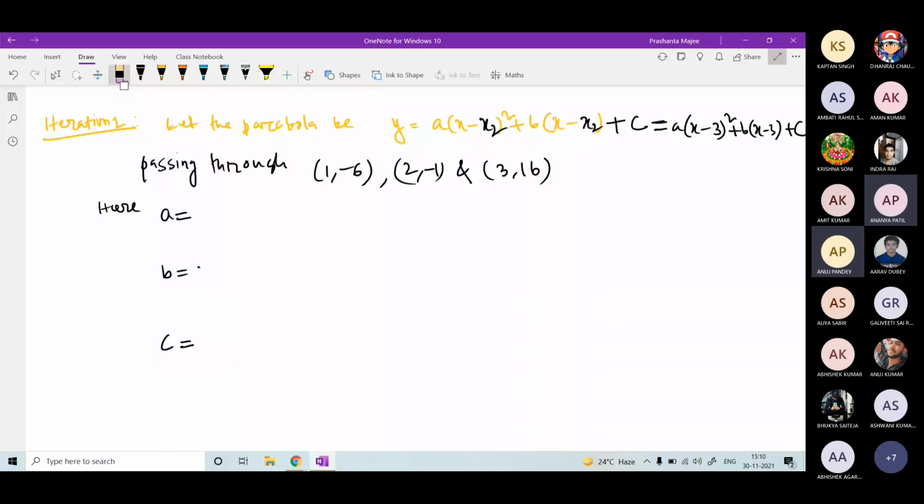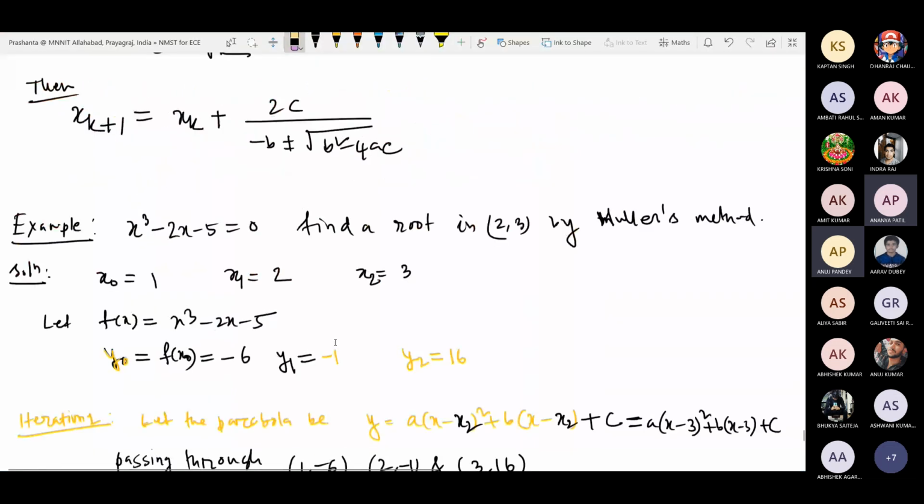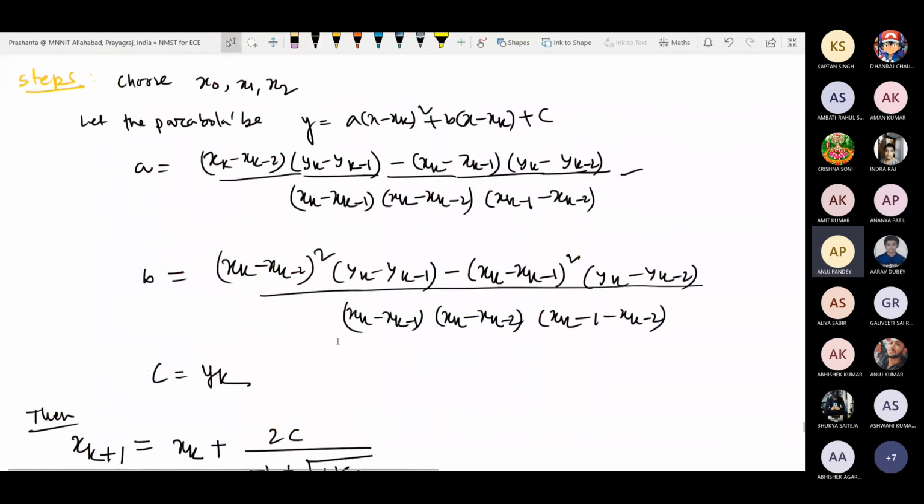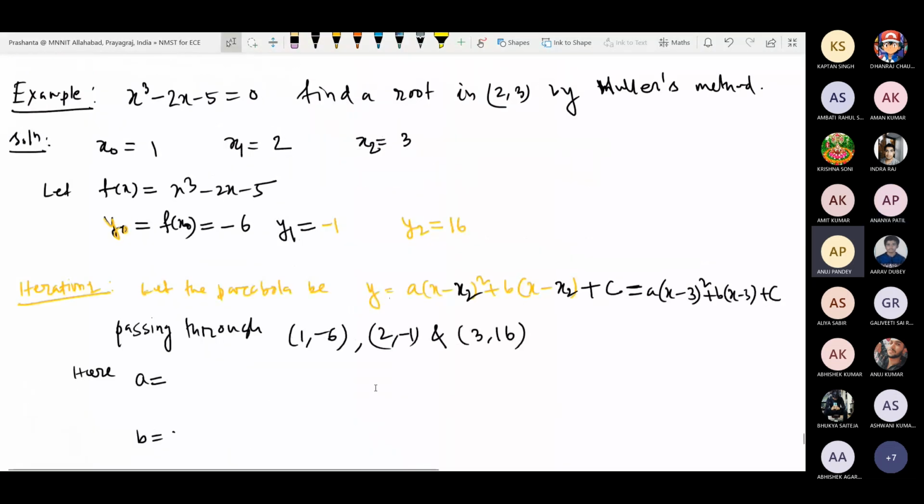You know, these are the formulas to calculate a, b and c. So put k equals to what? Put k equals to 2 in iteration 1.